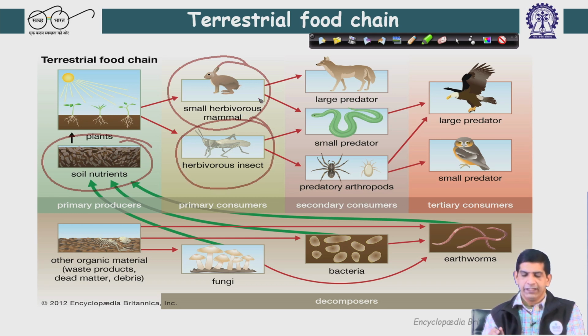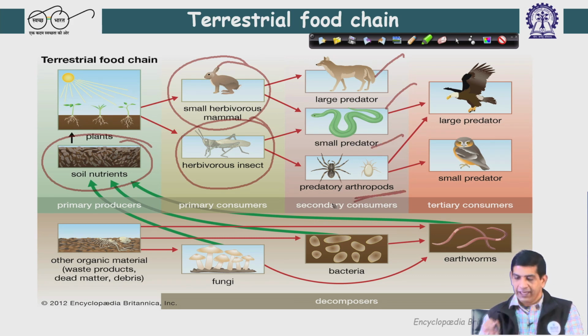These are then eaten by small predators or predatory arthropods, and from there it goes to the large predators. From the smaller arthropods and predatory arthropods, it can go to small predators.